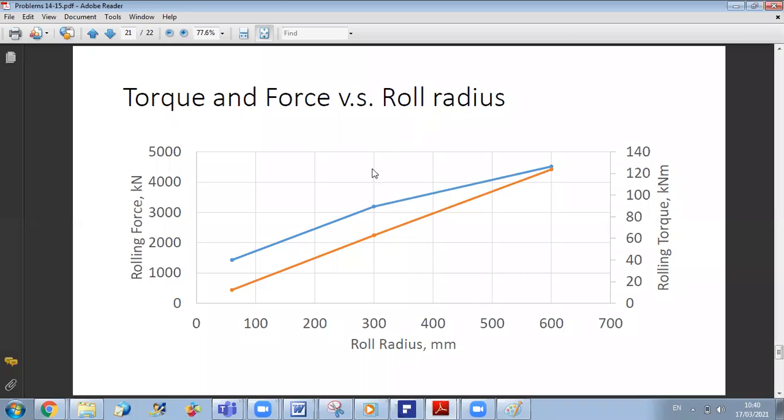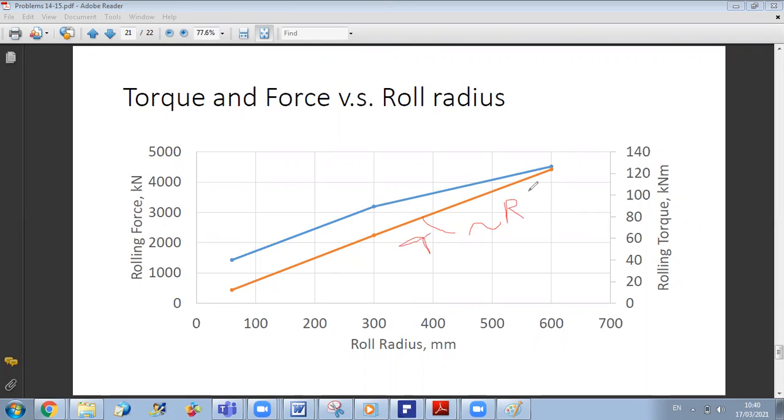Okay, so we were talking about the effect of the roll radius on the rolling force, sorry, and the rolling torque. We said that the torque is proportional to the radius. So it's proportional to R. This is the torque equation.